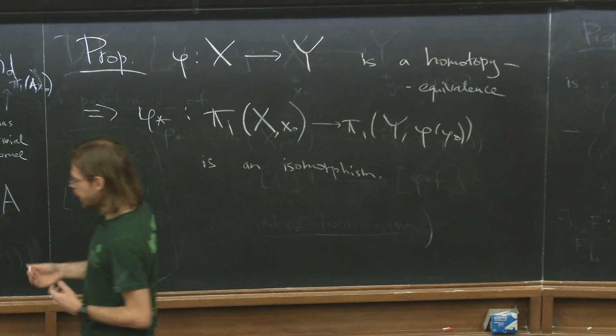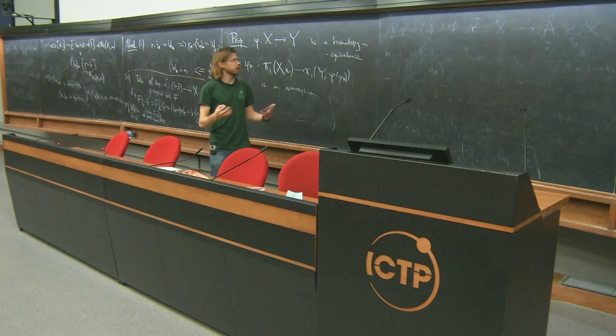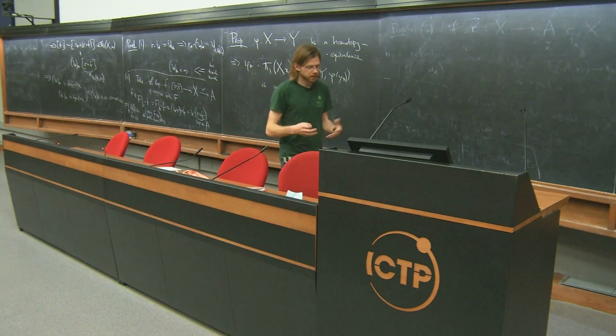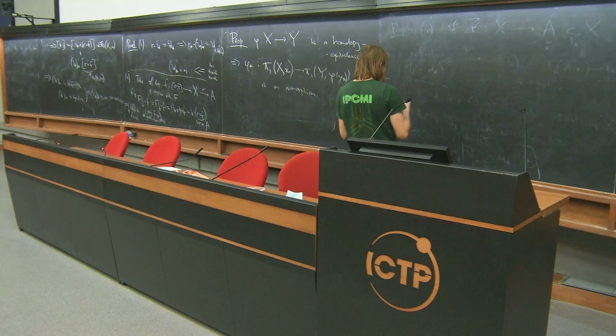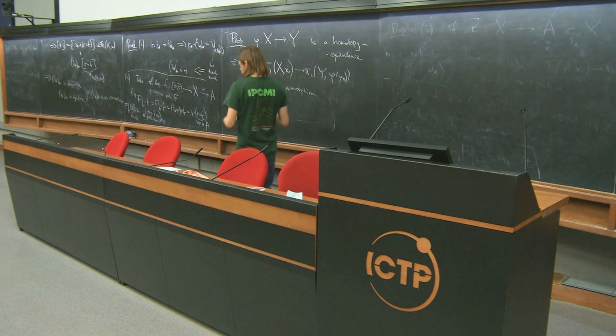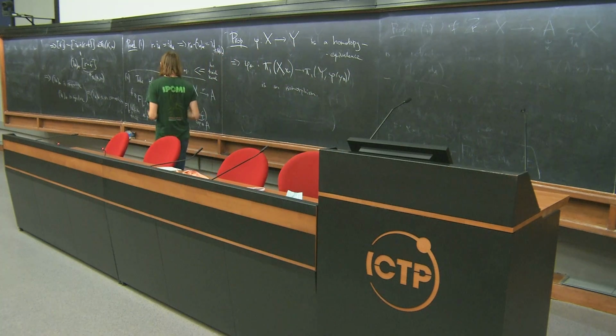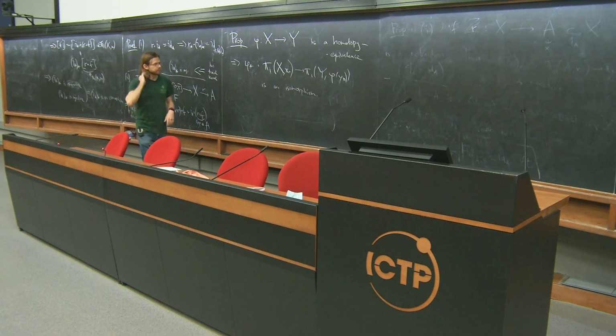So the algebraic objects associated to topological spaces are the same not just for homeomorphic spaces, but for homotopy equivalent spaces, where, informally, you allow more deformations. And as we've seen, you can shrink some parts of your topological space.